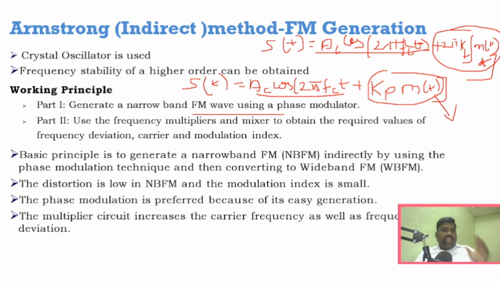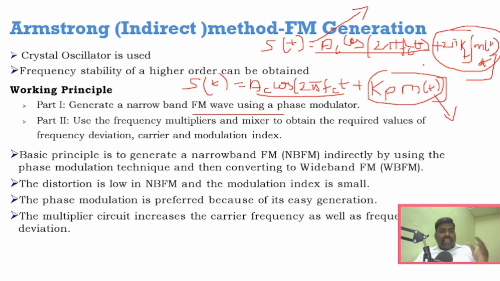And here in the indirect method, we are going to use this particular technique, that is, we are going to integrate the message signal and send it to the phase modulator so that we can obtain the narrowband FM, right? That is the first part. And the second part is we are going to convert that narrowband into a wideband FM by using different multipliers, right?